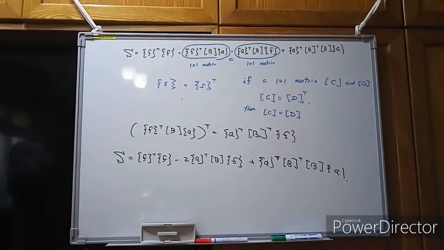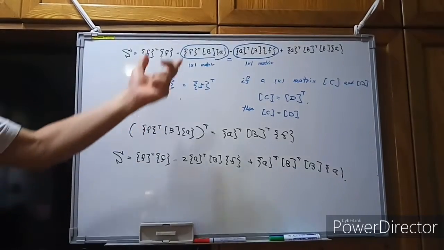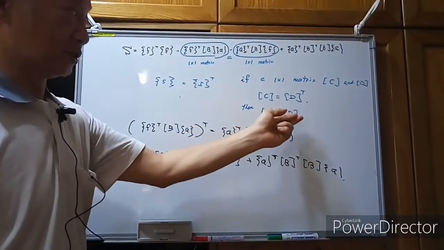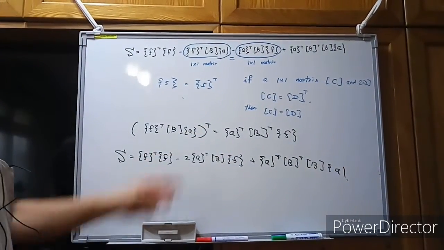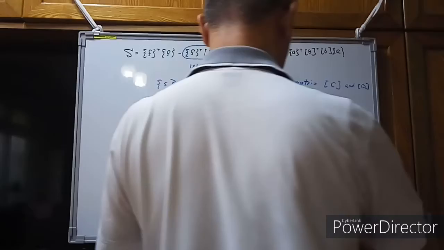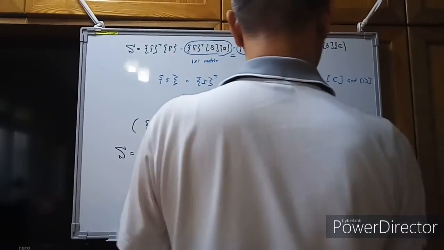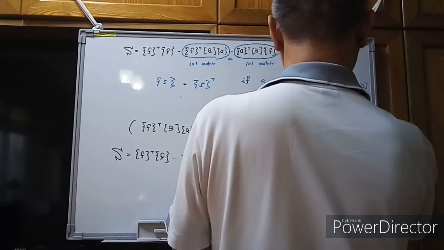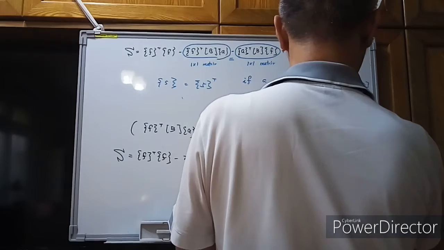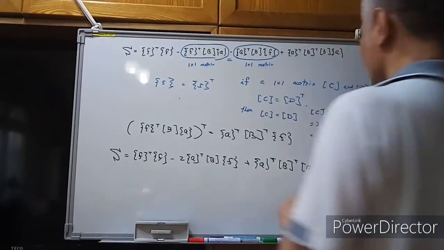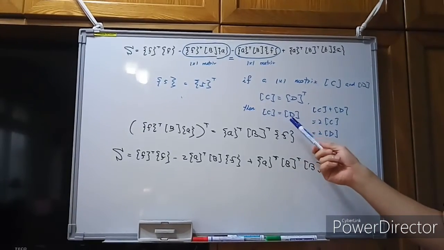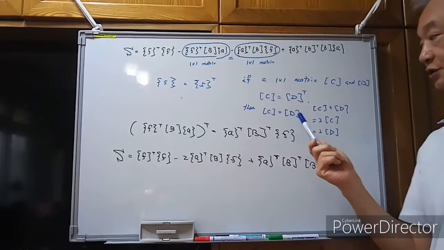Okay. Remember, since these two terms are the same, and the C matrix is equal to the D matrix, if we like to calculate C plus D, since C is equal to D transpose, then we know the C matrix is always equal to the D matrix.